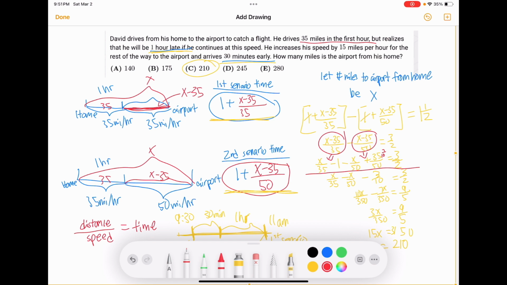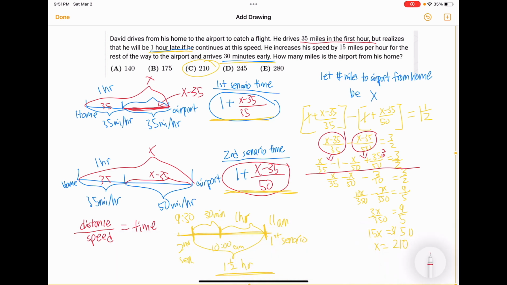So for example, (x minus 35) over 35 would give us x over 35 minus 1, and then (x minus 35) over 50 would give us x over 50 plus 35 over 50, which I simplified to be 7 over 10. And then from there on, it's pretty much just simplifying everything, and yeah. But the answer is C, 210.